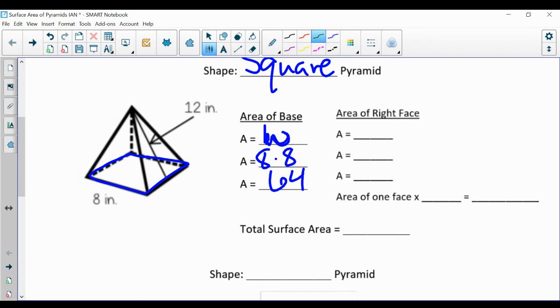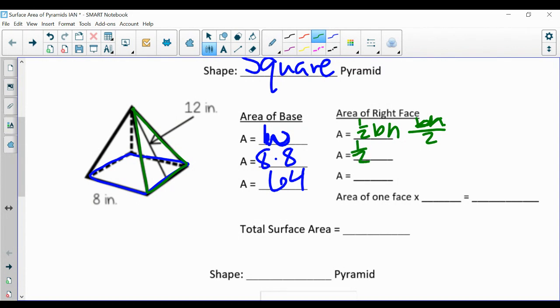Now let's find the area of the right face. Looking at this triangle, what is the shape? It's a triangle. Remember that my area formula for a triangle is either A equals 1/2 base times height, or base times height divided by 2, whichever one you prefer. I'm going to do the 1/2 base times height.